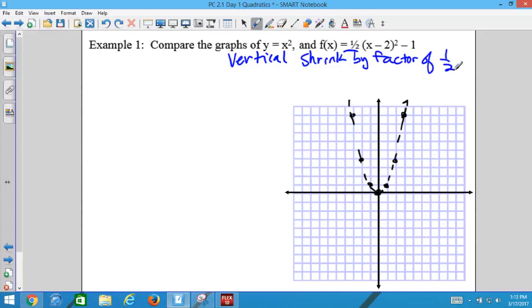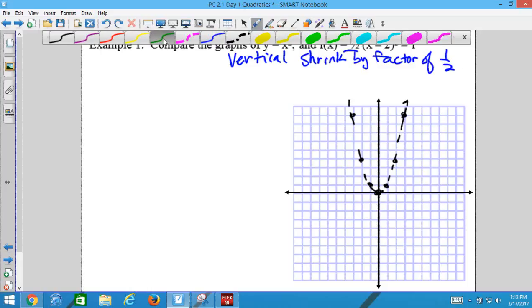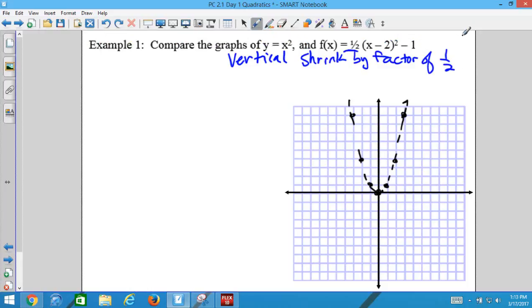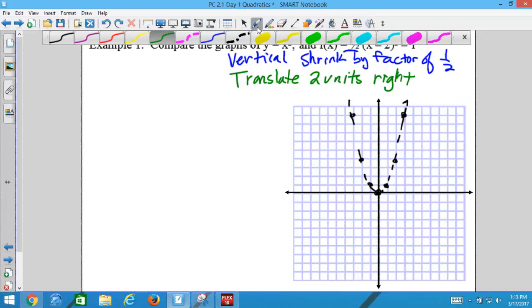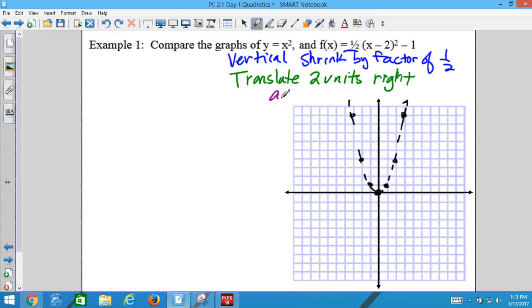What's the -2 say? Horizontal stretch. Translate 2 units right, correct. And then 1 unit, which way? Down. Yes.